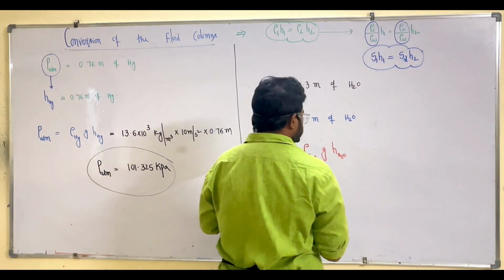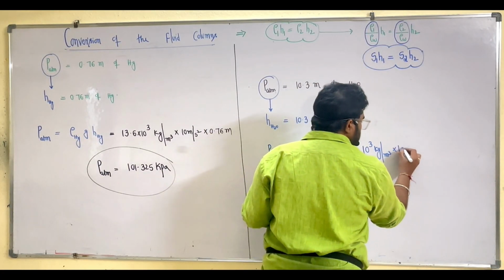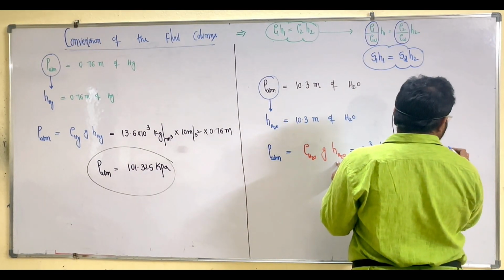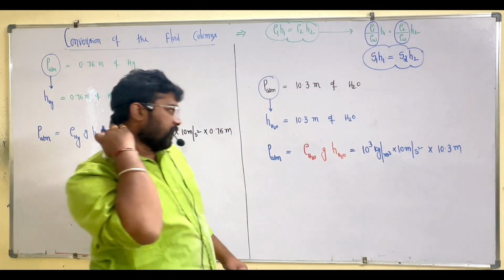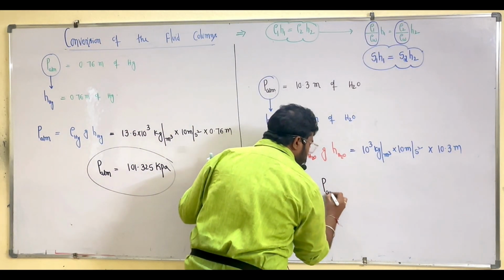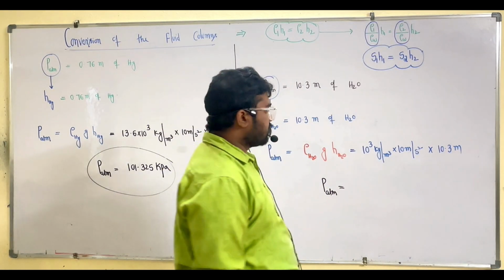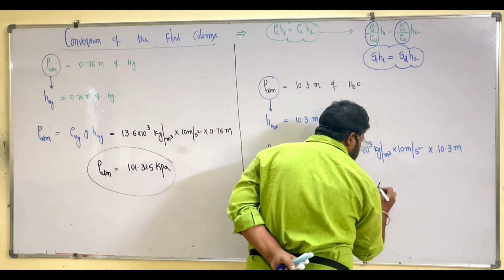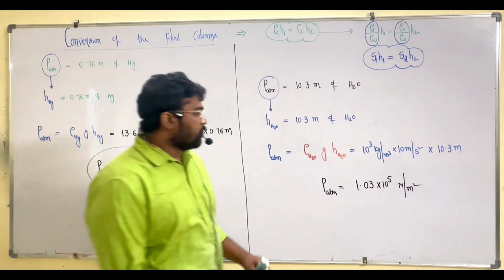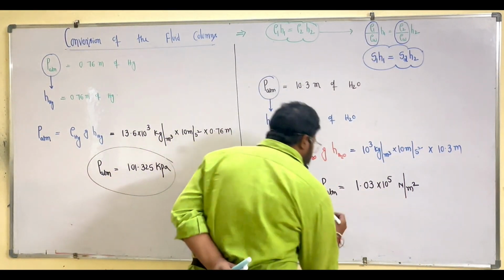That equals how much? 10 cube kg per meter cube, times 10 meter per second square, times 10.3 meter. Multiply everything, what do you get? This atmospheric pressure equals how much? 1.03 times 10 power 5 Newton per meter square.